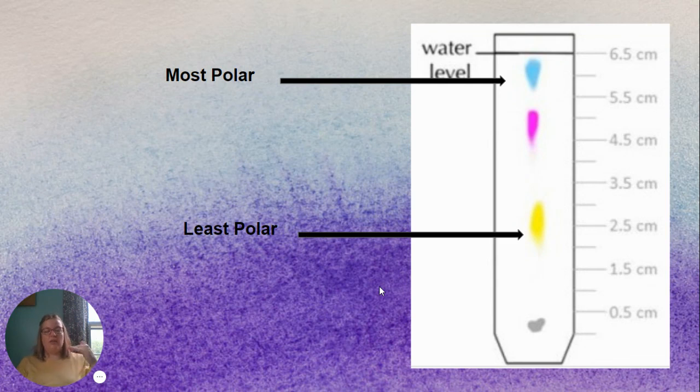So if I run it over and over again, the retention factor should be the same if I have the same ink component. Each dye or pen or marker that we run is going to have distinct different color bands based on the different types of dyes they use for their given components.